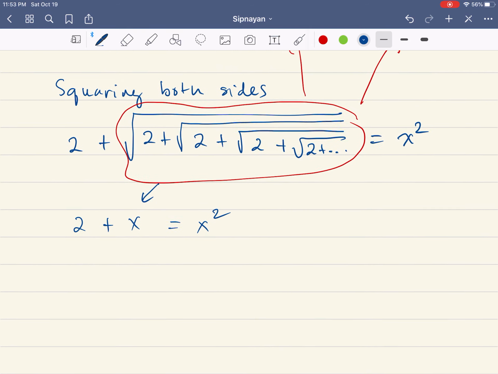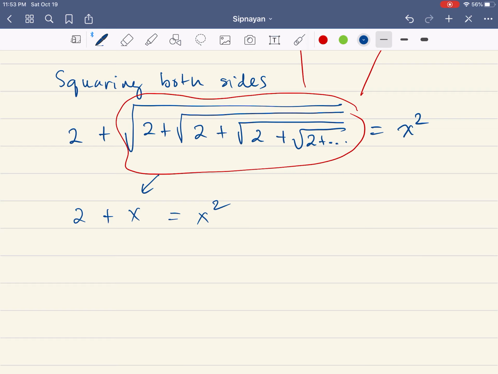Okay, so subtracting 2 and x from both sides, we have 0 equals x squared minus x minus 2. Okay? So, nilipat ko lang yung 2 tsaka yung x sa kanan. Meaning, I subtract 2 from both sides and then I subtract x from both sides, which means na 0 na lang yung matitira sa kaliwa. And magma-minus x ako sa kanan, syempre, tsaka mag-minus x din ako sa 2.